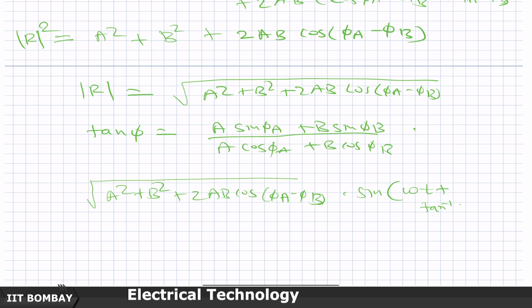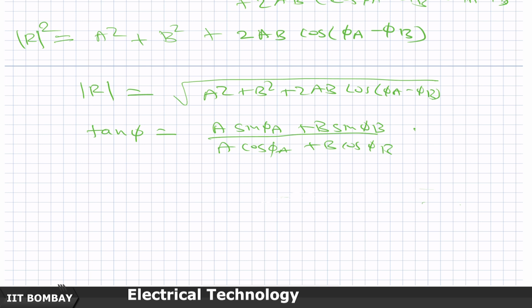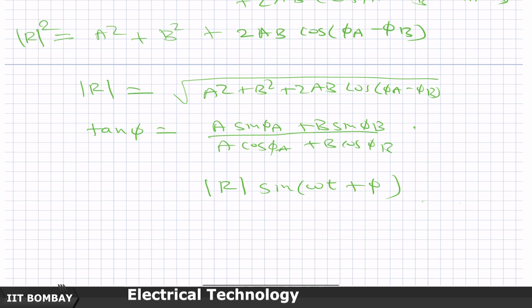I think better I will write it compactly, it's getting too lengthy. Phi is worked out as tan phi above, so phi is tan inverse of it.